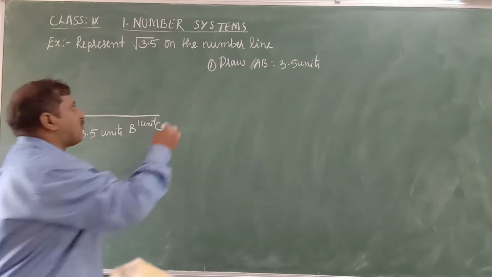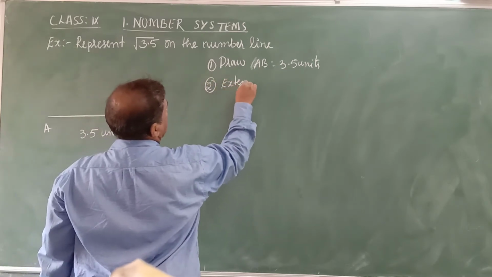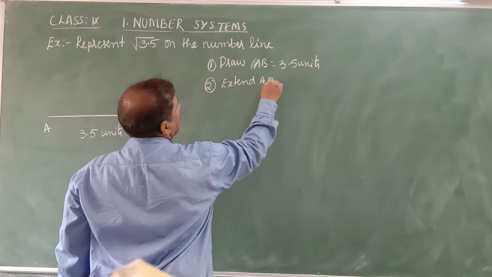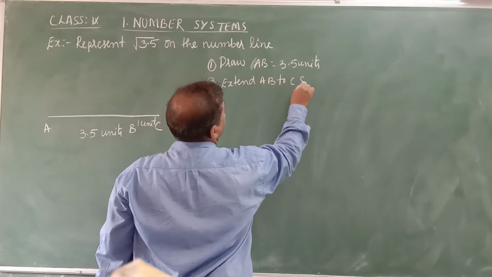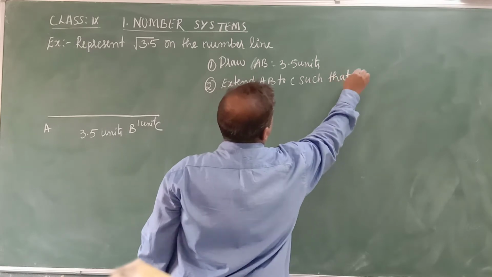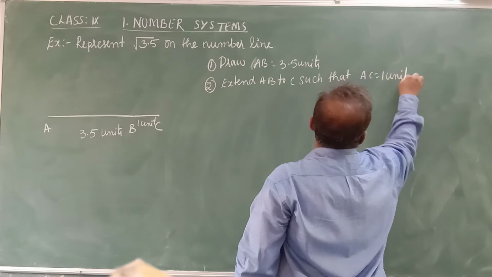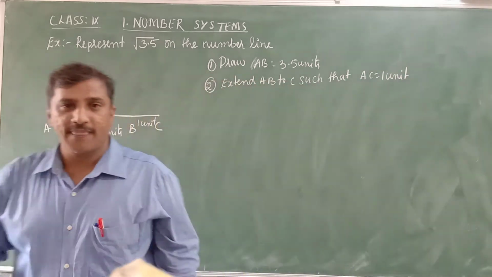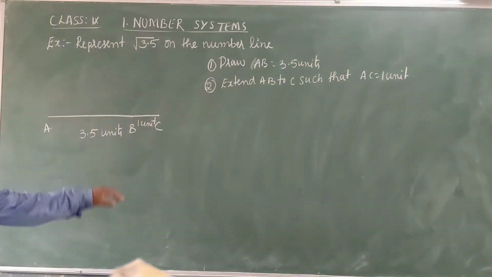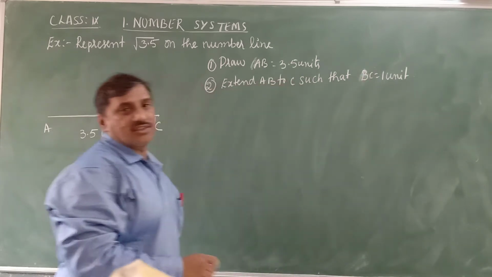So the second step: extend AB to C such that BC is equal to 1 unit.